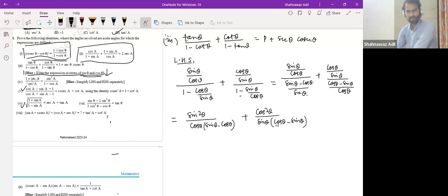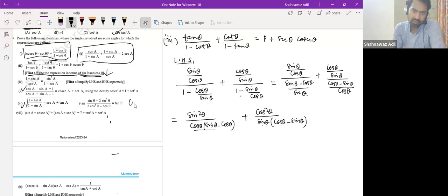To simplify this, we have to take the LCM. But before we take the LCM, do we have one term which is similar to the other one? This is looking like 4 terms: 1, 2, 3, 4. Did you guys understand the question?